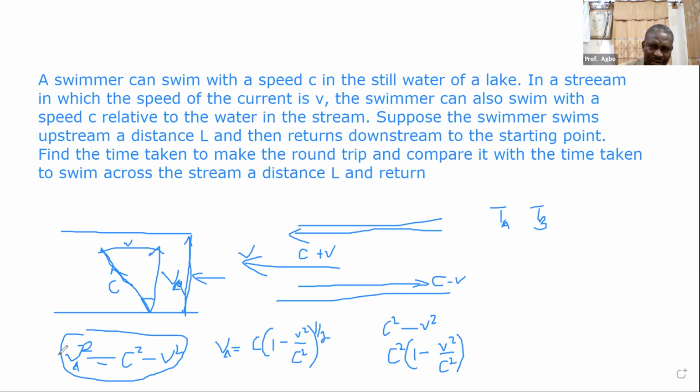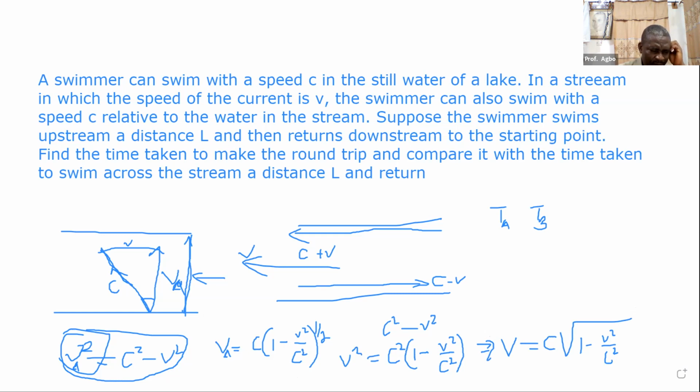When you take the square root, V_A is equal to C times the square root of 1 minus V squared over C squared, and the square root sign is the same thing as the power 1 over 2.